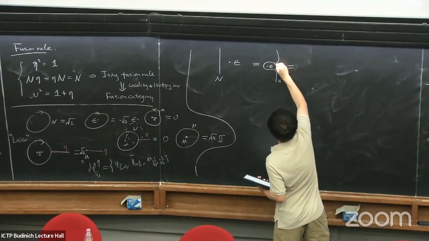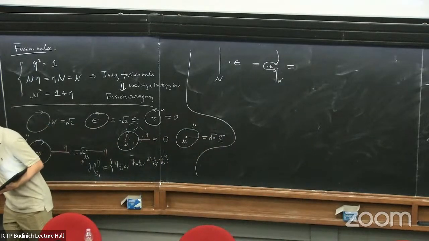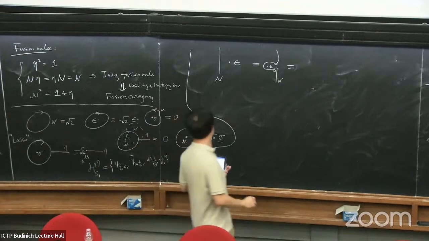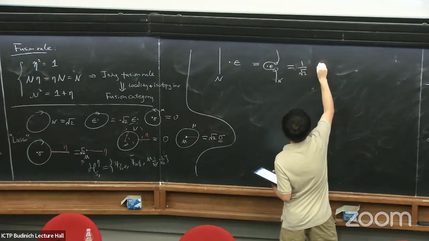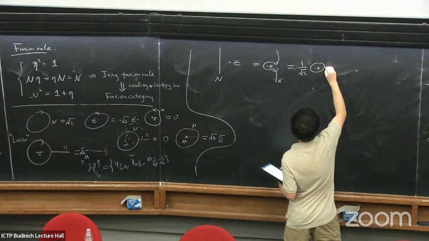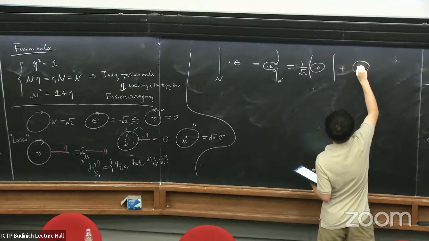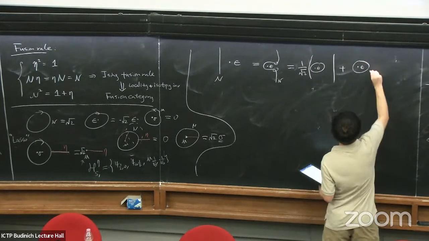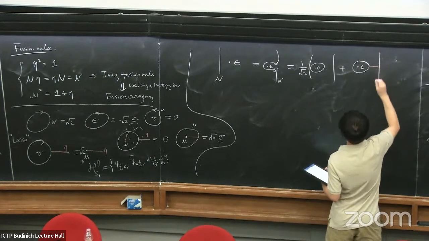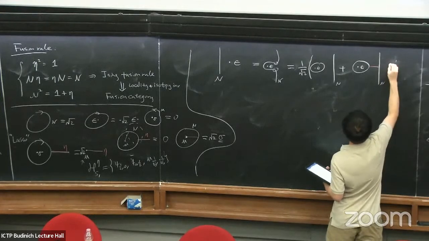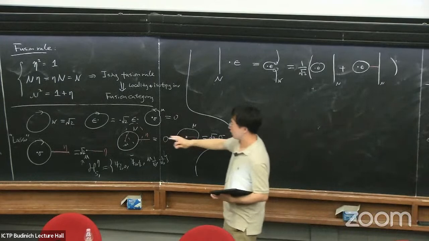So you apply the fusion rule for these two corners, you apply the F move for those two corners. Using that rule, what you find is 1 over square root 2 times this diagram, plus a diagram attached to the eta line and then further attached to the duality line. And then you use what we have already discussed over here.